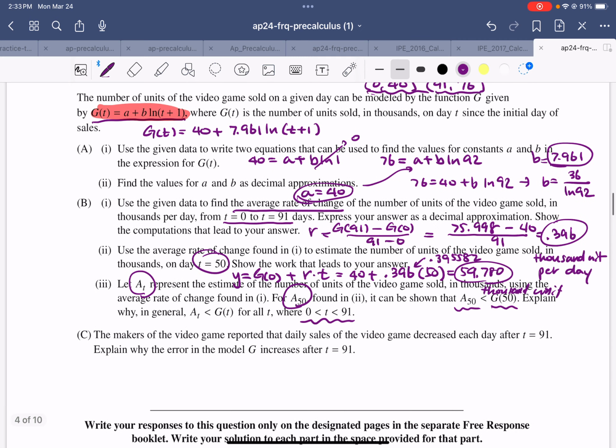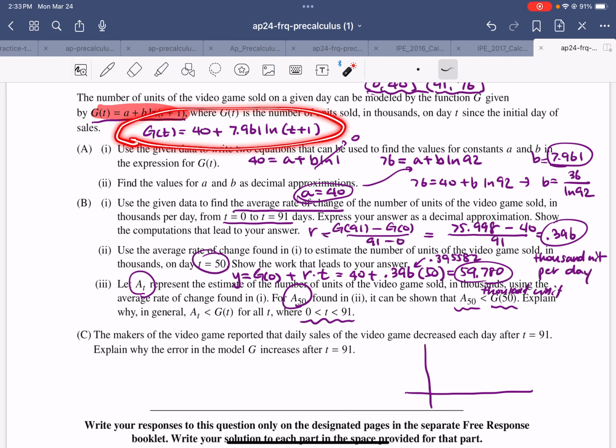If you actually graph it, I want you to think about it. I'm graphing the original one here. When t equals 0, it's 40, so let's say you start from 40 here. The ln graph is like this, right? That's part of the ln graph.